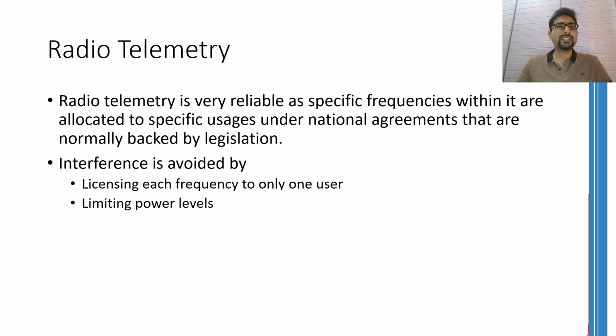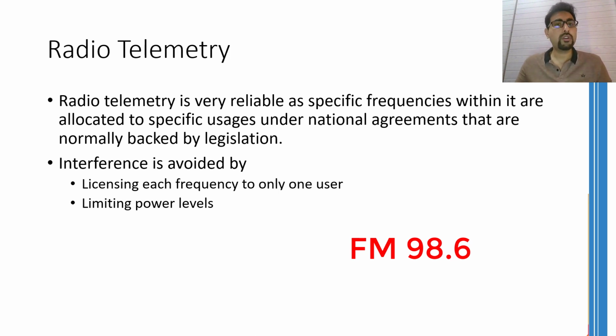So if you are listening to FM 98.6 in one city, then you might also be listening to FM 98.6 in another city, but that might be a totally different channel, because the FM 98.6 channel in one city does not have enough power to cross the borders of that city. This shows that two users using the same frequency to transmit their signals can work without a problem.